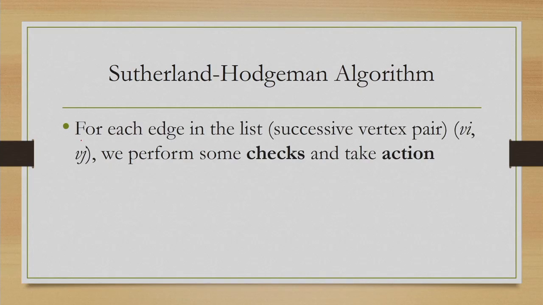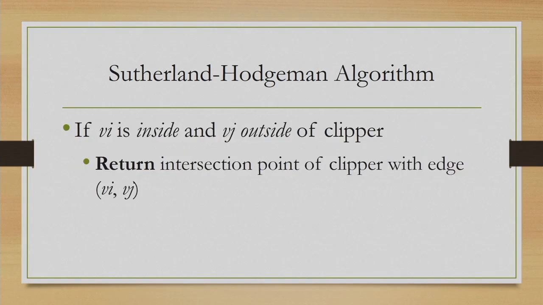Now, for each edge or the pair of vertices in the list denoted by Vi, Vj, we perform some checks, and based on the check results we take some action. So, what are those checks? If Vi is inside and Vj is outside of the clipper, then we return the intersection point of the clipper with the edge represented by the vertex pair Vi, Vj.